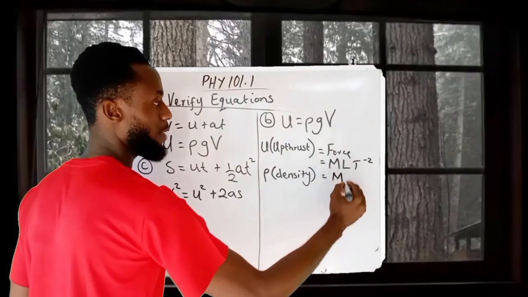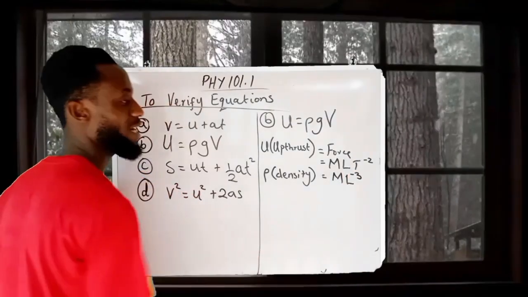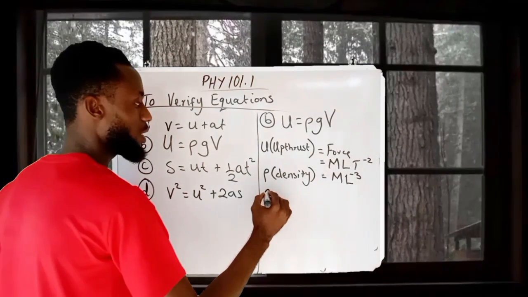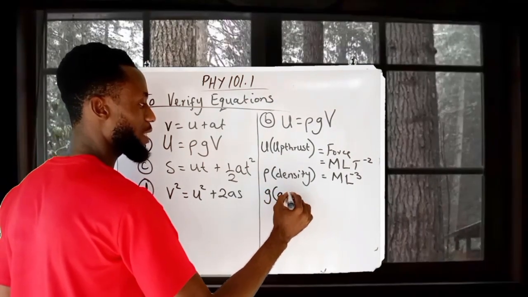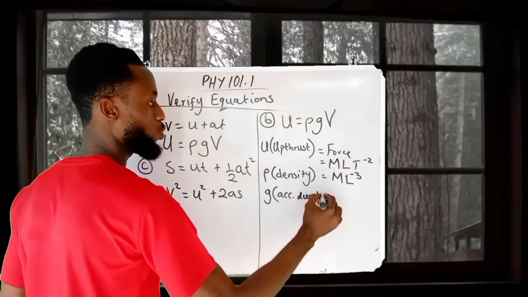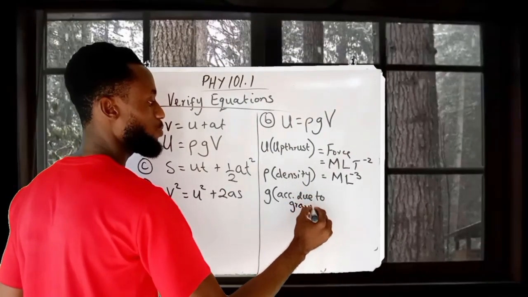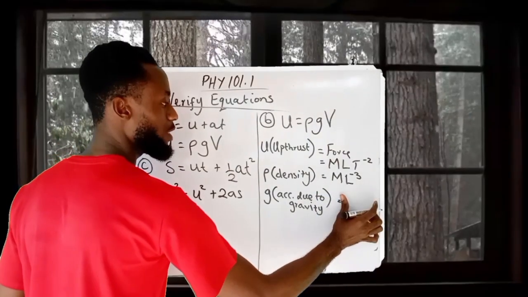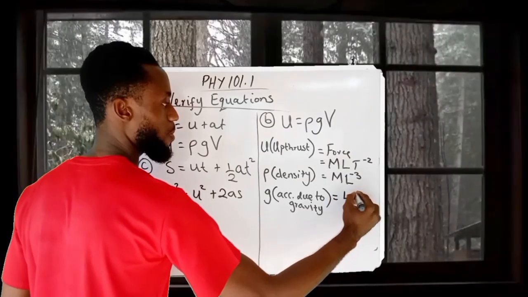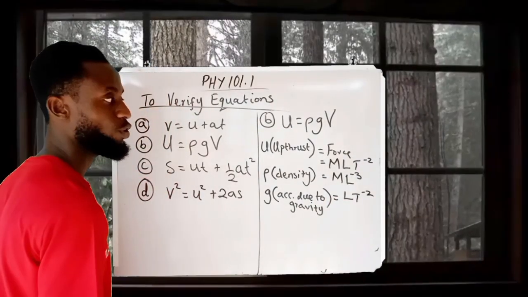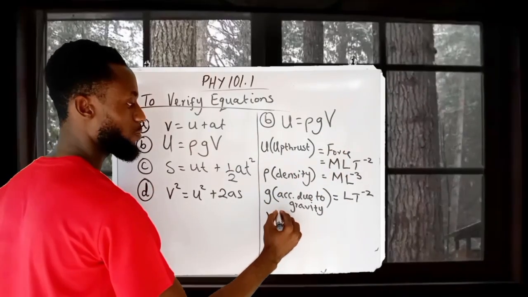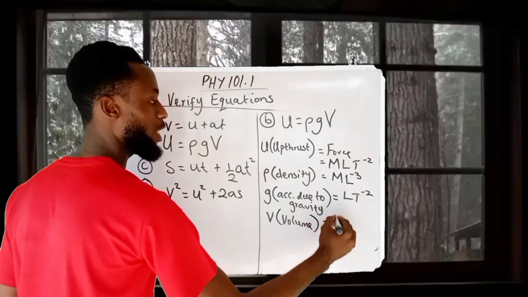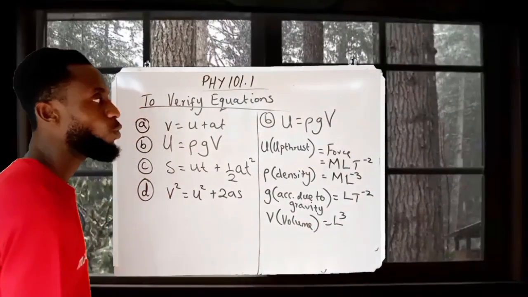So mass M, volume is L cubed, so that's mass times L raised to power minus 3. G is acceleration due to gravity, so the dimension will be the same as usual acceleration. So that's LT^-2. And V is volume, so that's L cubed.